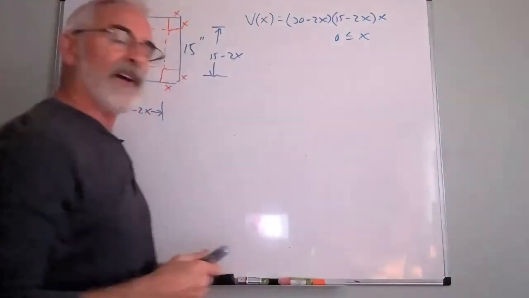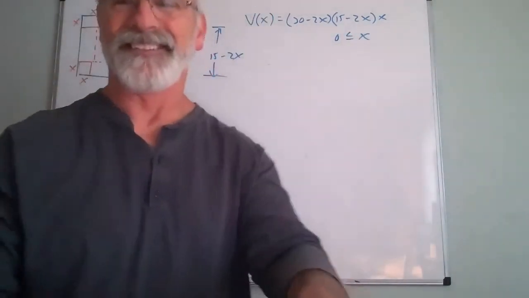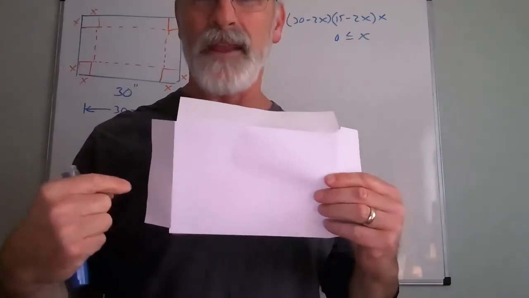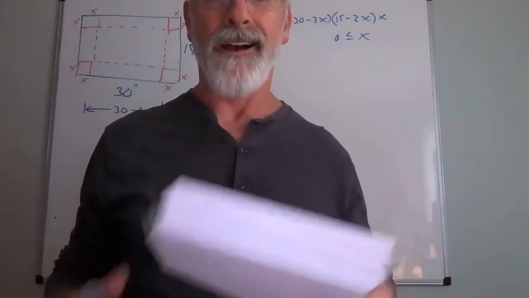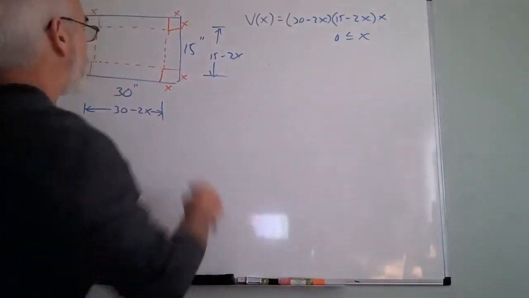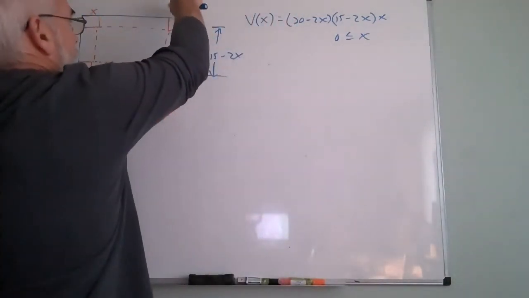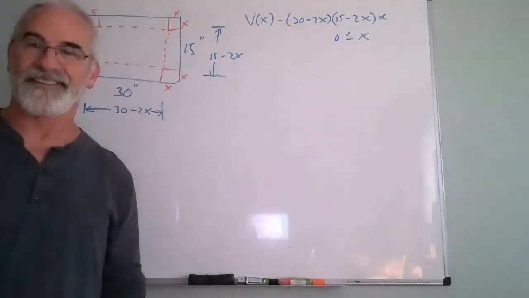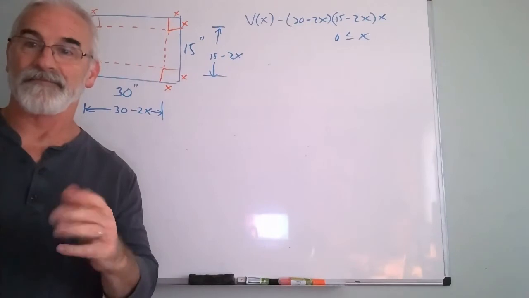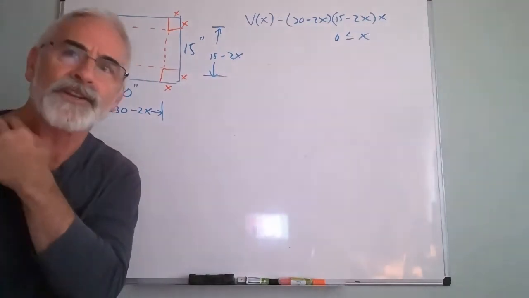Is there a maximum value X can be? Can I make the cut so big that there's no more box? What's the biggest X could possibly be? 7. No more than half. I think you're both right. One at a time?